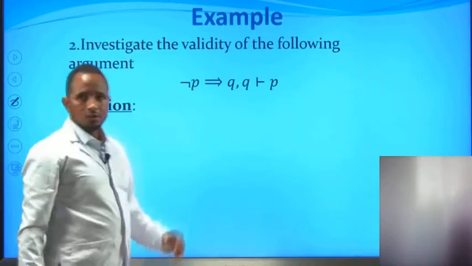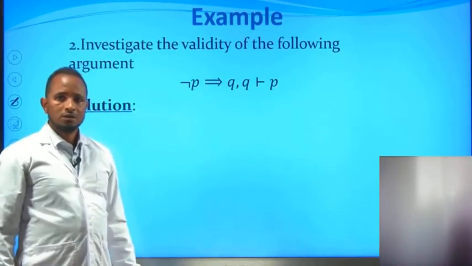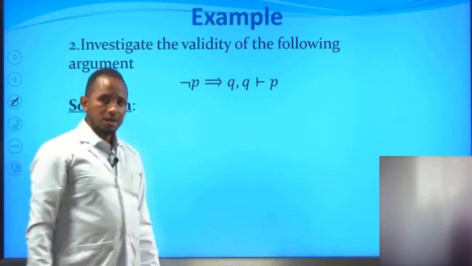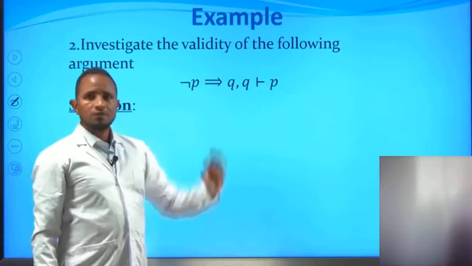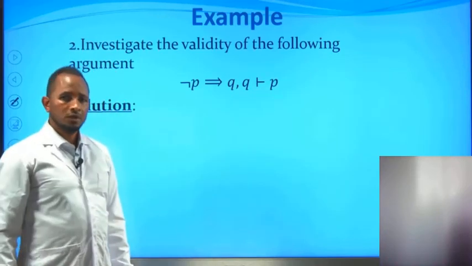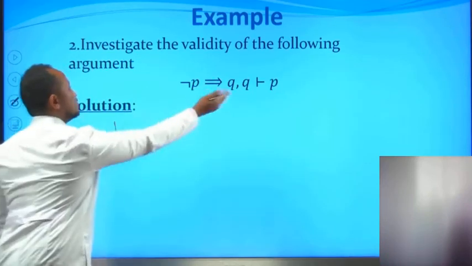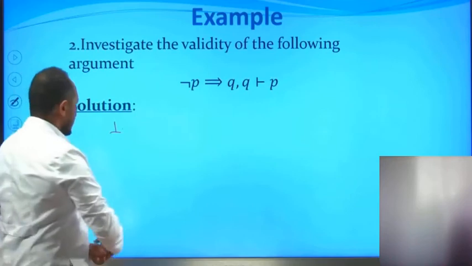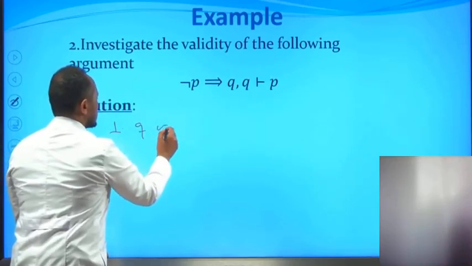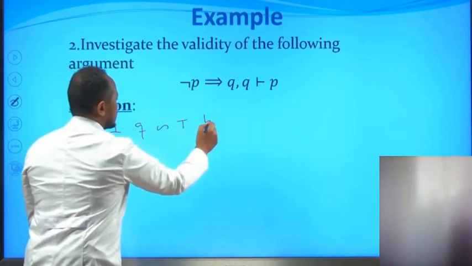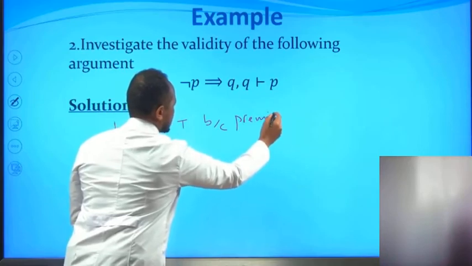Let's see this one. Investigate the validity of this argument. Here it says, negation of P implies Q, and Q, giving the conclusion P. So first, you assume the premises to be true. Let's start from this single statement Q. Q is true because it is a premise.